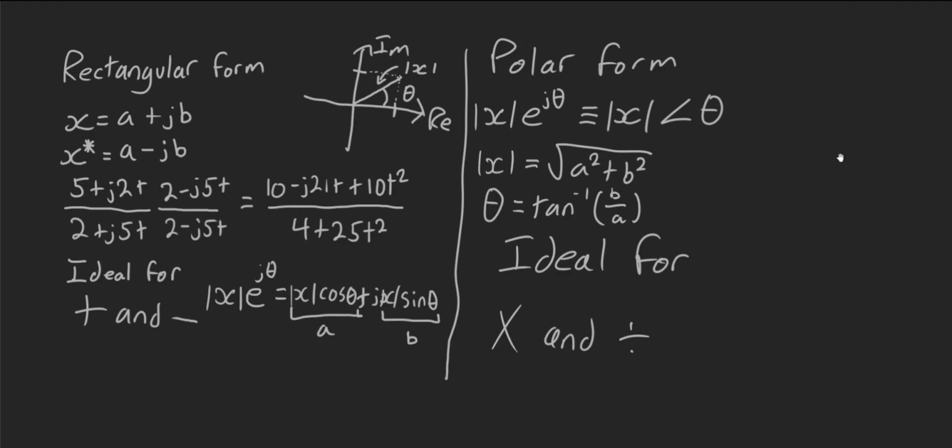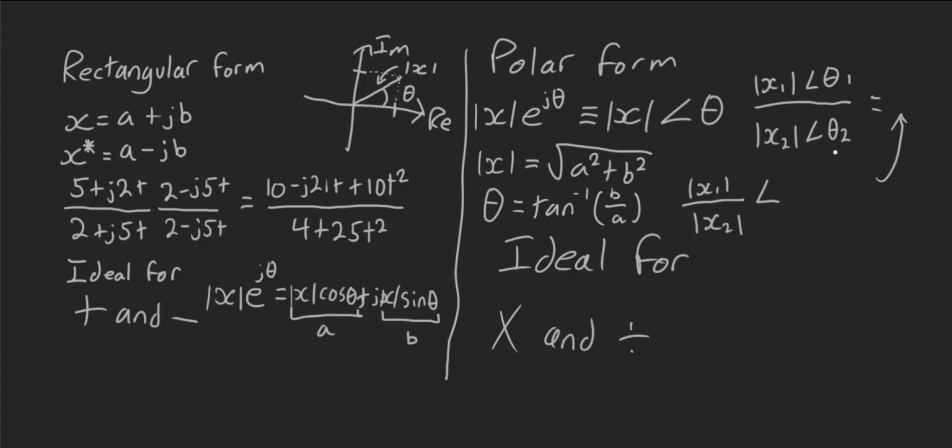And to use polar form for multiplying and dividing, I'll show you that right now. So let's say we have x1 with angle theta1 over x2 with angle theta2. Running out of space here. So that would be equal to x1 over x2 and theta1 minus theta2.